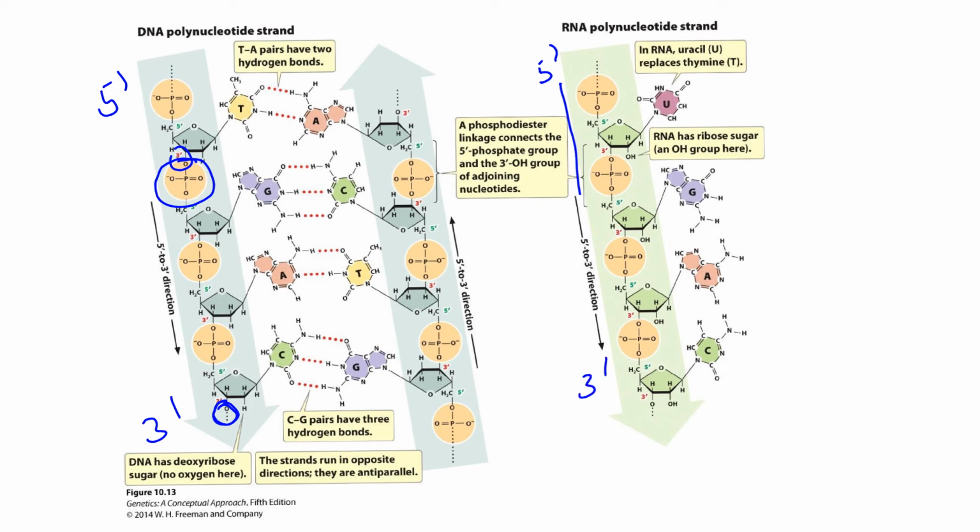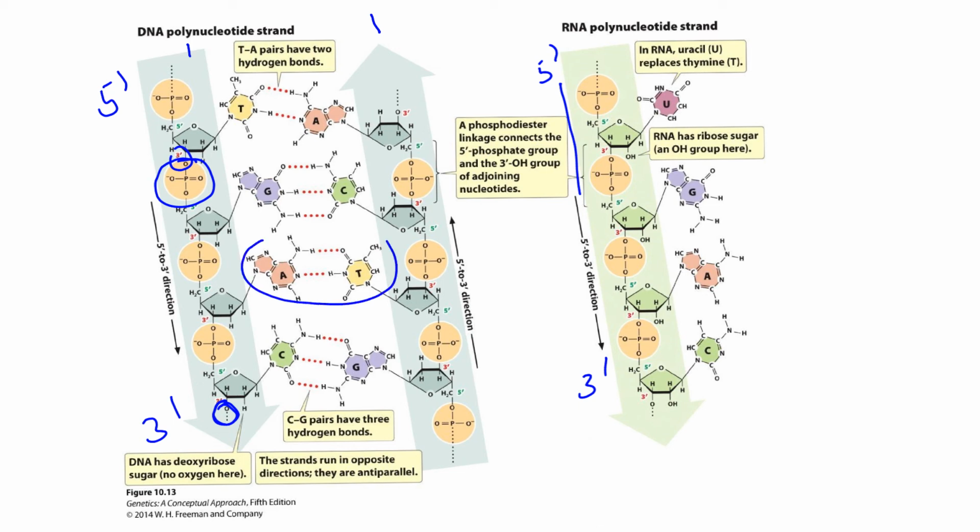In DNA, you can see that 2 anti-parallel strands are connected via hydrogen bonds formed between nitrogenous bases. And you can see the differences between adenine-thymine bonds and cytosine-guanine bonding. Adenine and thymine, right here, are connected via two hydrogen bonds.